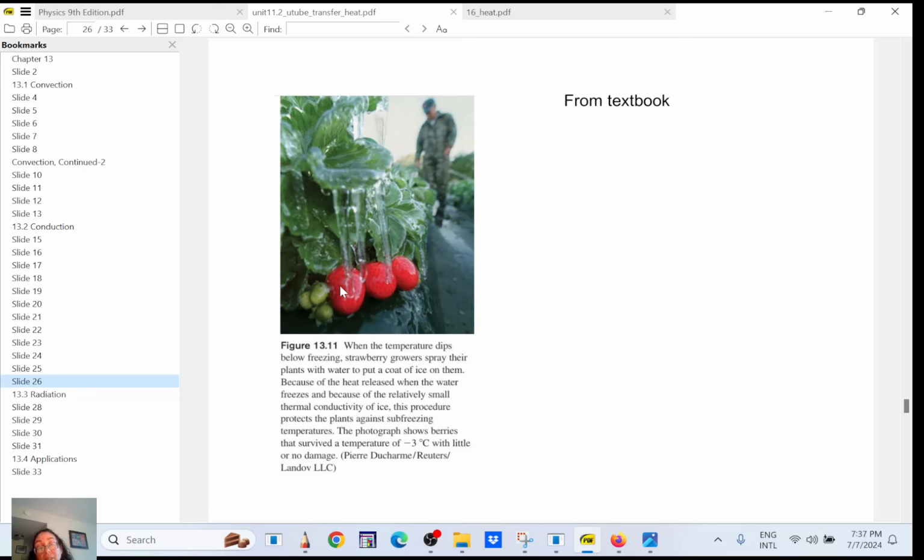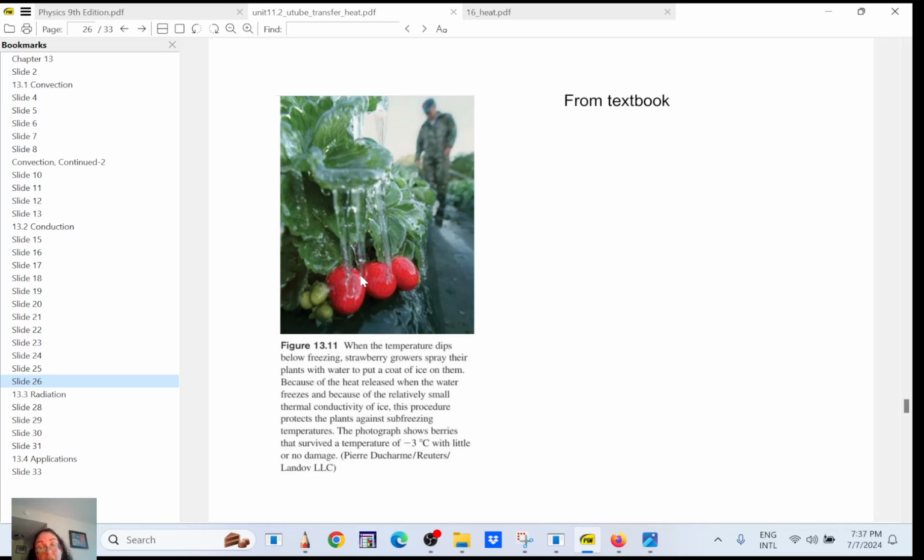The other thing is when you are spraying water here, the water will turn into ice. But when water turns into ice, it will release energy. Okay, it will change the state. It goes from a liquid to a solid.